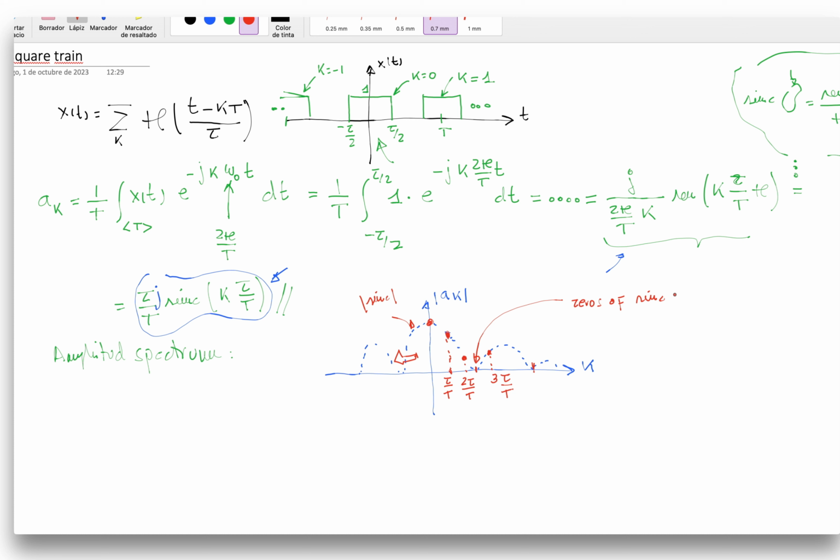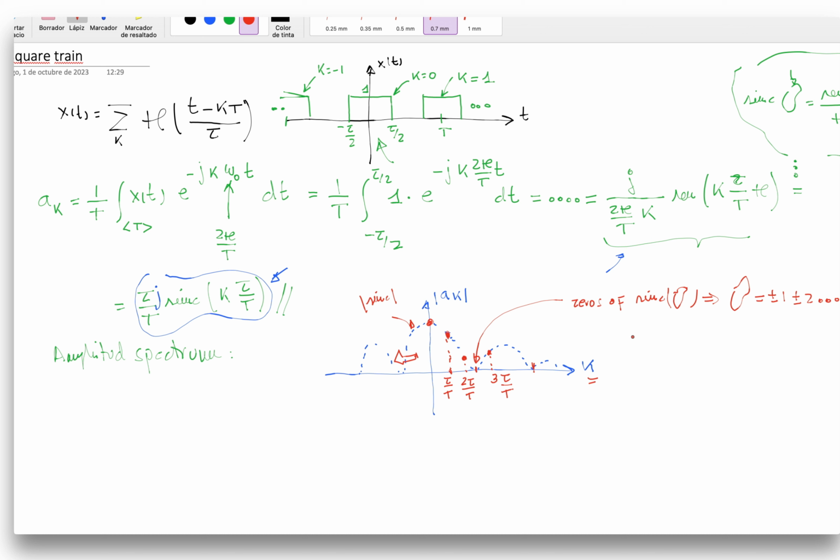So the zeros of a sinc of whatever: remember that the way to calculate the zeros of a sinc of a certain argument is to equate this argument of the sinc function to the integers plus or minus 1, plus or minus 2, etc. By equating this to these values, we will get the position in the k variable where the zeros are.